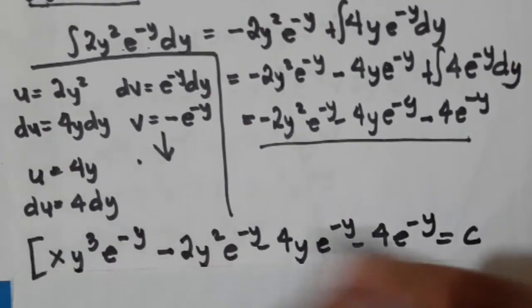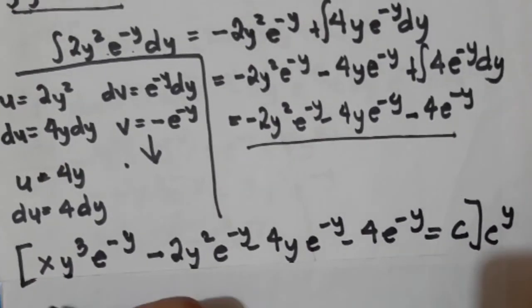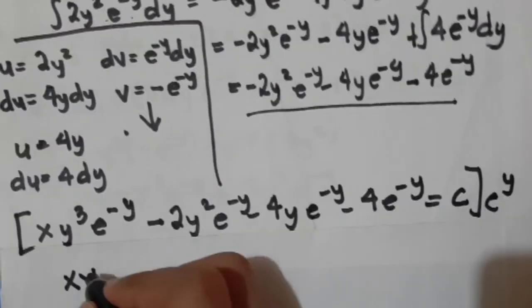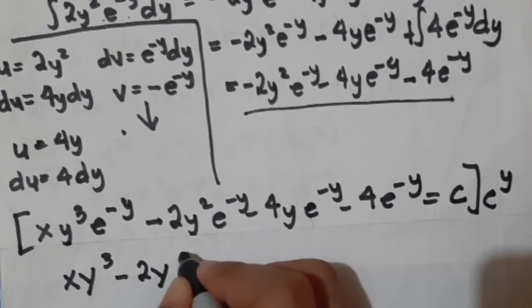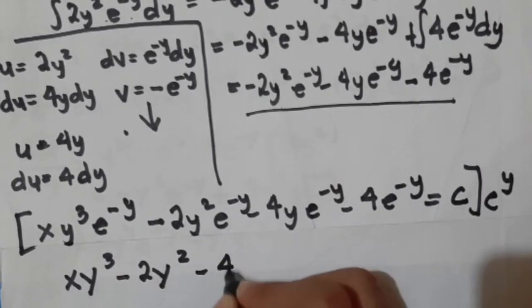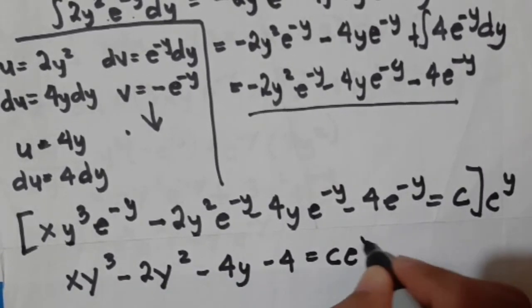To simplify, we can just multiply all terms by e raised to y. So this is x y cubed minus 2y squared minus 4y minus 4 is equivalent to c e raised to y.